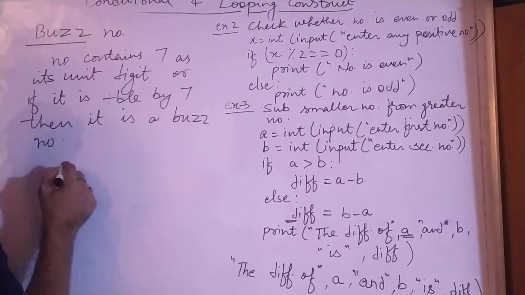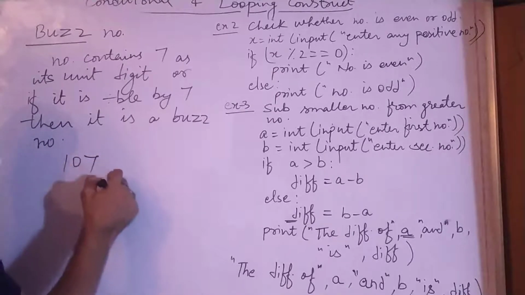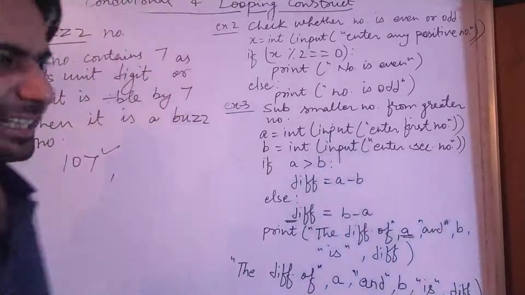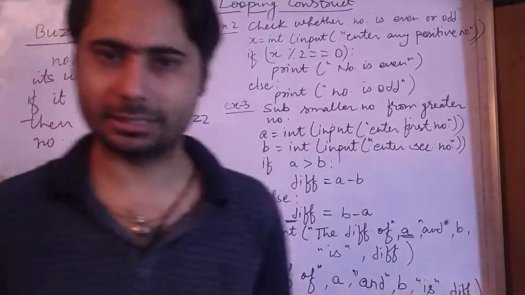For example, if I write 107, then it becomes a buzz number because it contains 7 as its unit place digit.